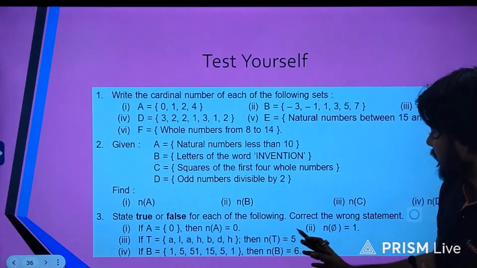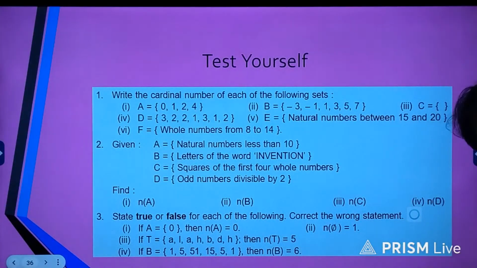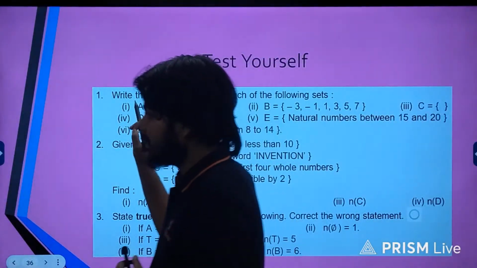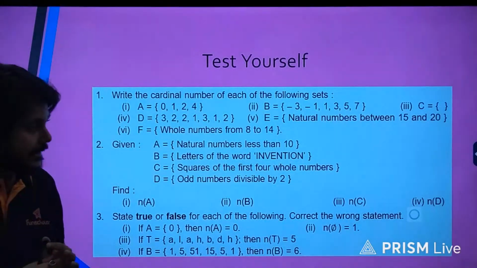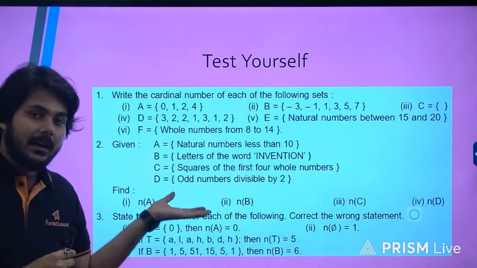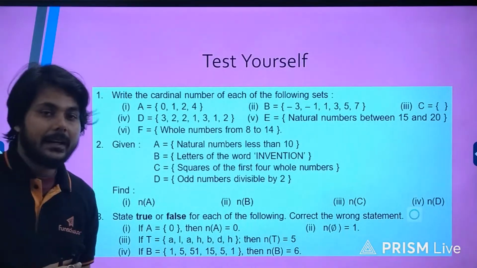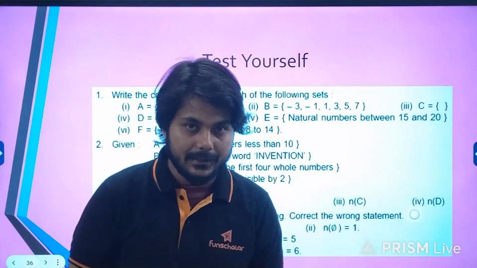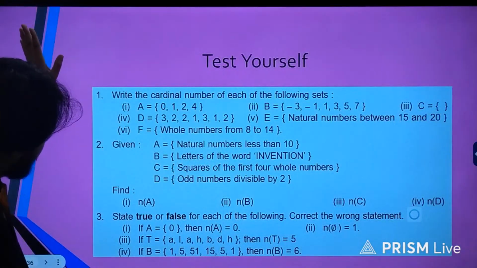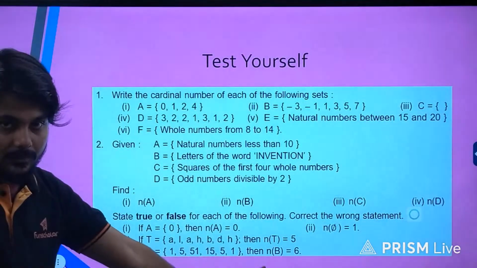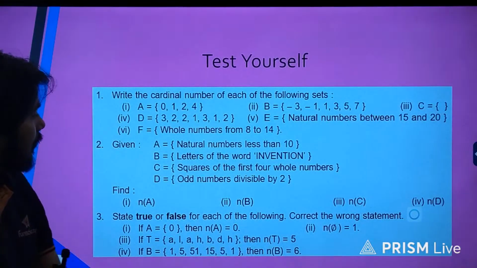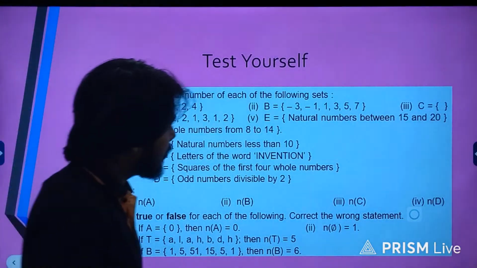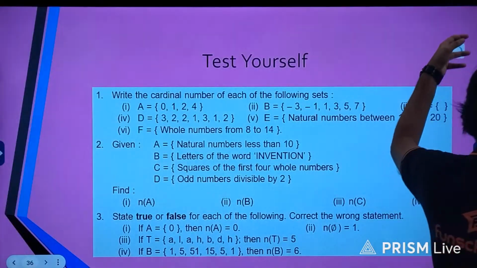And there are four true and false questions for you. This type of question will be asked in your exams, and you will find it very easy to answer them. Believe me. This is going to be today's homework. You will solve this in your notebook.